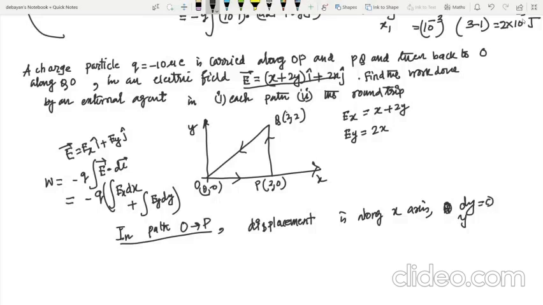So from that equation this portion is 0, and only the dx portion remains. And what is the value of Ex? Ex is nothing but x plus 2y, dx. Since y is 0, because we are only considering the path OP, it should be minus q x dx.